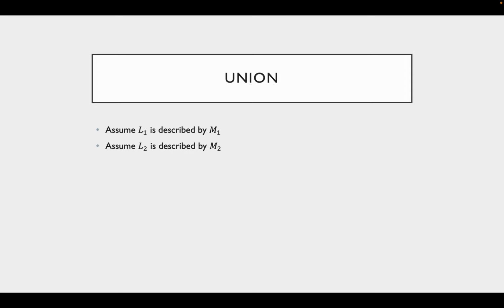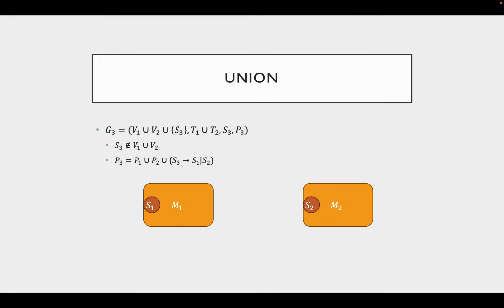A more intuitive way to understand this is using NPDAs. So let's assume we have two machines. We have language 1 described by machine 1, an NPDA, meaning L1 is a context-free language. We have L2 described by M2, an NPDA, which means that L2 is a context-free language. In both cases, we have our machines. Each machine has a starting state, S1 for M1, S2 for M2.